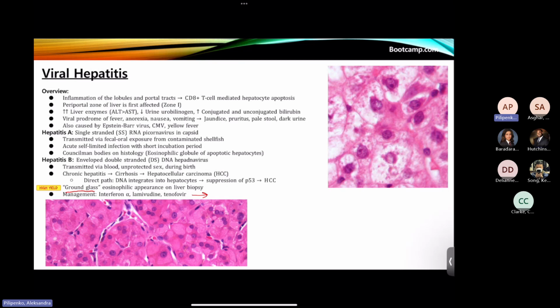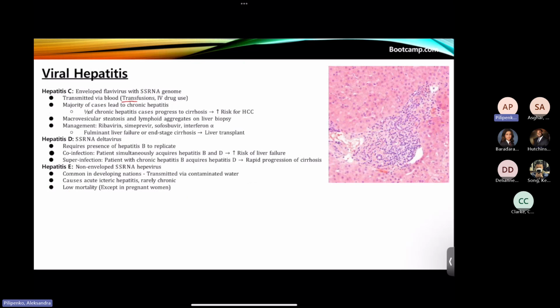For hepatitis C, so they say it's associated with transfusions and IV drug use.